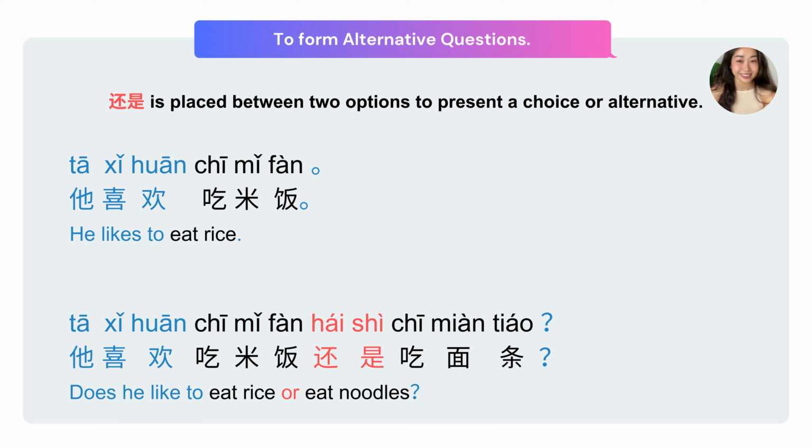That is 吃面条 in Chinese. So now we have two options. 吃米饭 or 吃面条. And then you're going to add 还是 between the two options. So then the full sentence would be 他喜欢吃米饭还是吃面条? Does he like to eat rice or eat noodles?